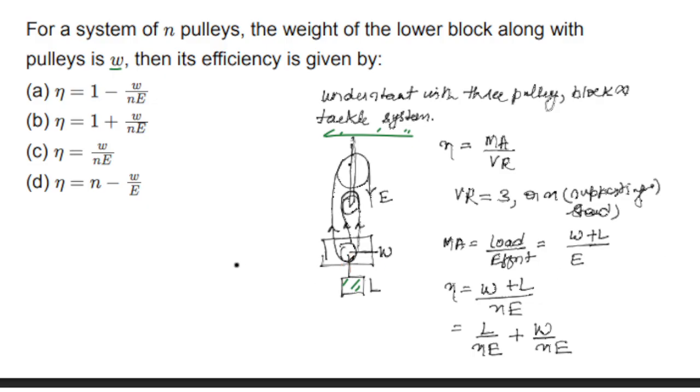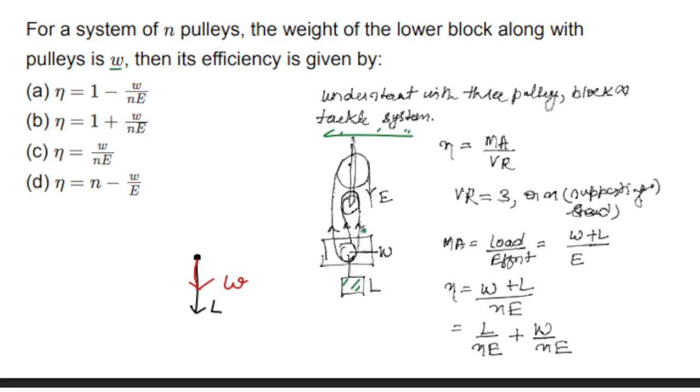Let us create a free body diagram. This is the load, say, and in addition to it, the pulley has this weight. This pulley will also have weight, so that is also on this side. This is our small w. And what is upwards?